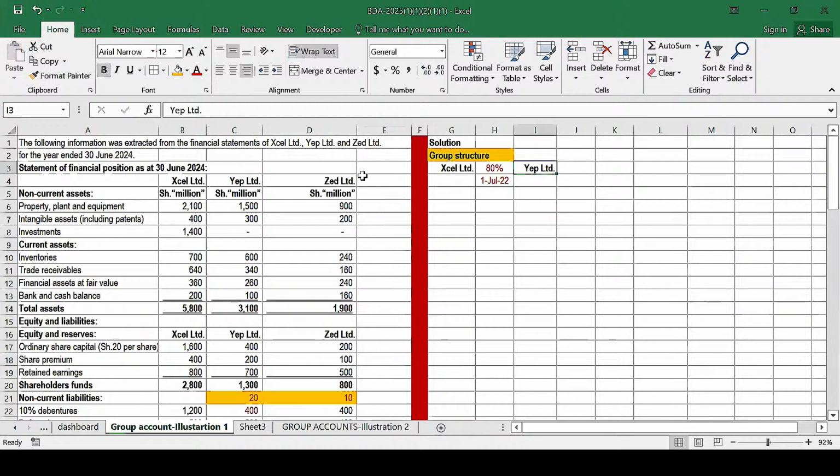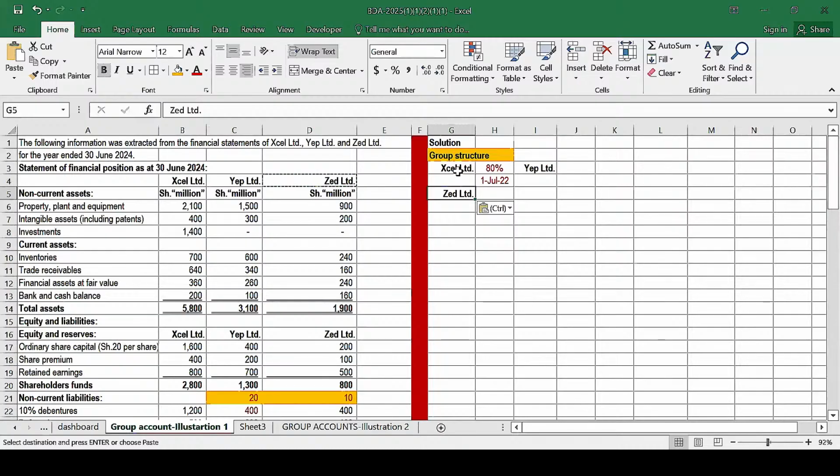Then the other company, which is called N Limited, we have said that this one is an associate, simply because our parent company here acquired how many shares?